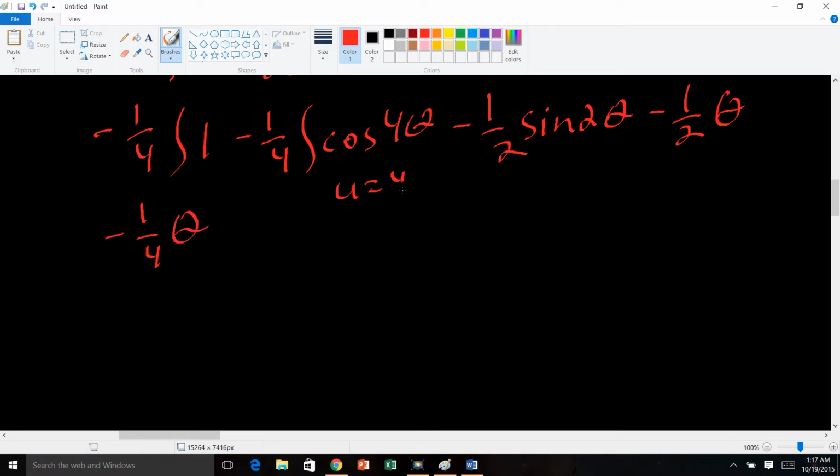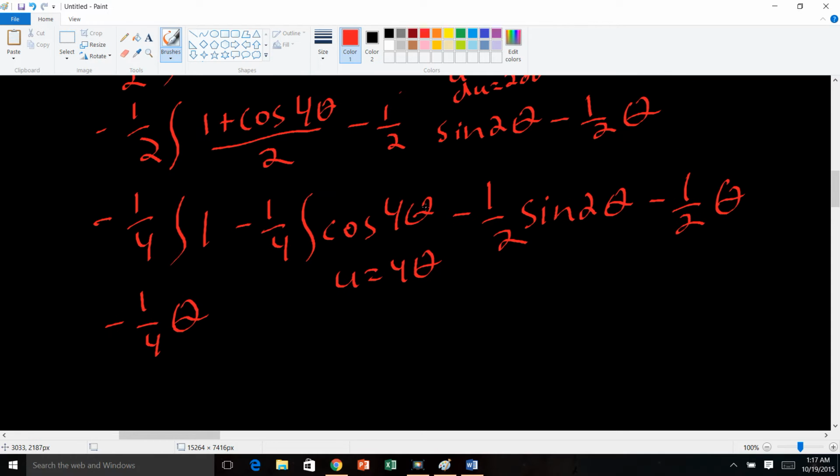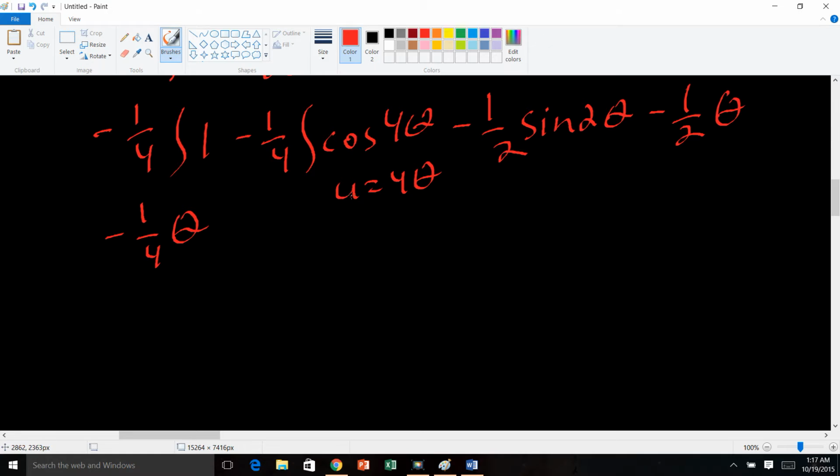We could solve for this now. Let u equal 4 theta. Did I do that right? I feel like I missed something there. All right, u equals 4 theta. Du equals 4 d theta. And we bring our 4 out.